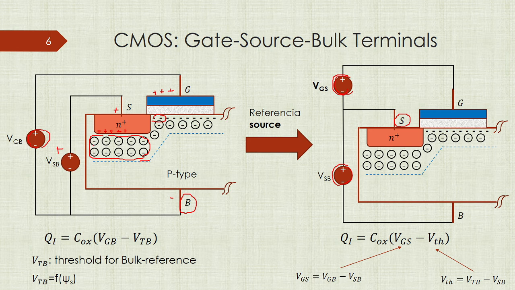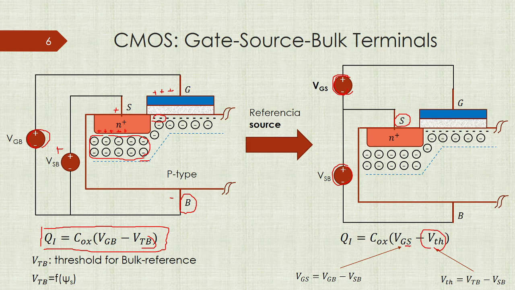As you see in the first graphic, the charge due to the free electrons is provided by the oxide capacitance times VGB minus the threshold with respect to the bulk. Similarly here, the charge is equal to the oxide capacitance times VGS minus VTH.